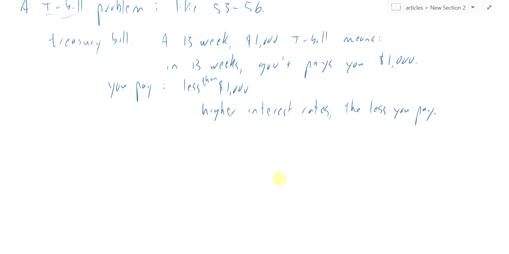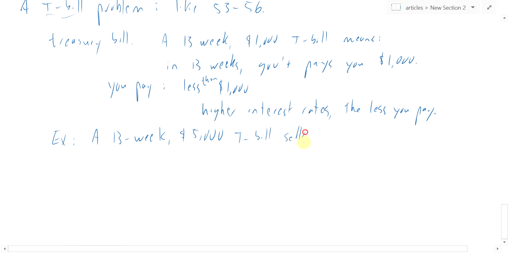Well, a very typical T-bill example, here it is. Suppose a 13-week $5,000 T-bill sells for $4,985.44.